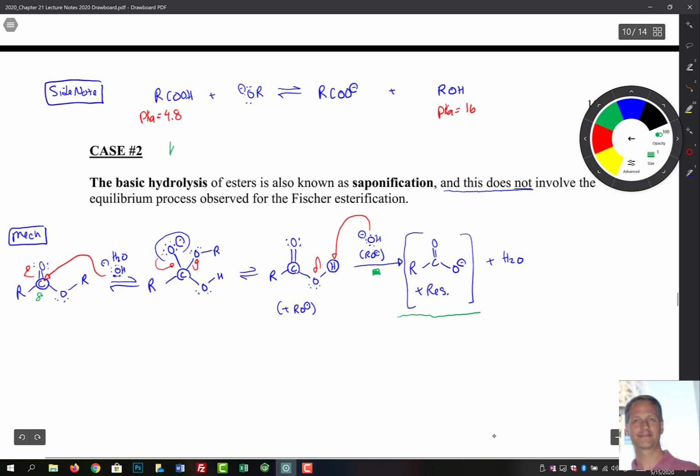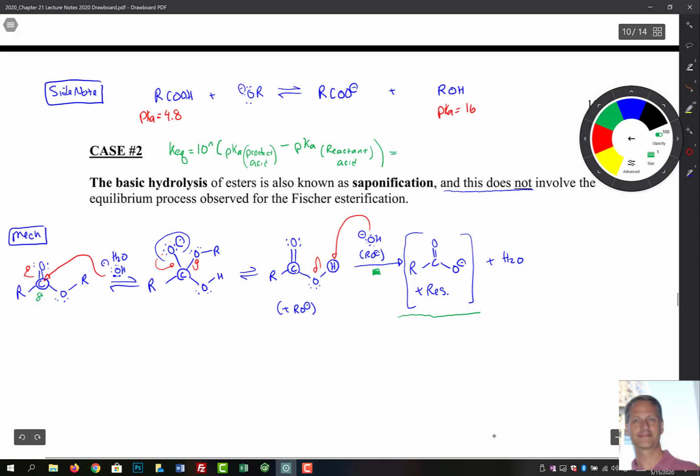So then let's look at our Keq, and we're going to do this in the next chapter. We're going to have to know this. So Keq for this is equal to 10 raised to the difference of the pKa of our product acid minus the pKa of our reactant acid.